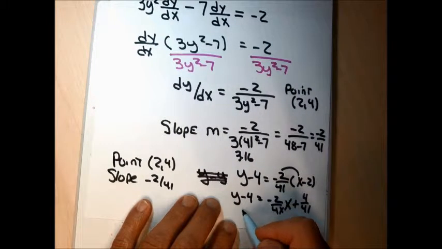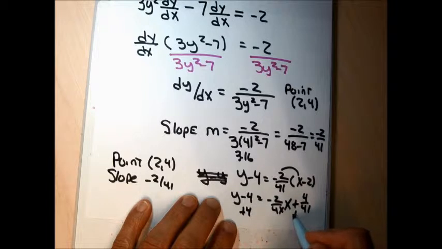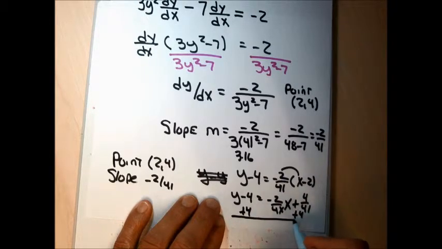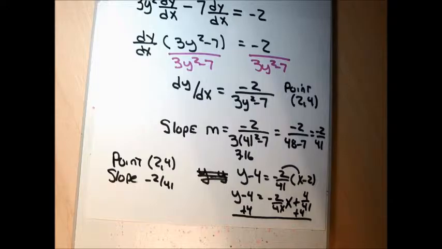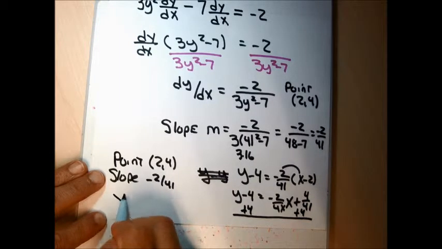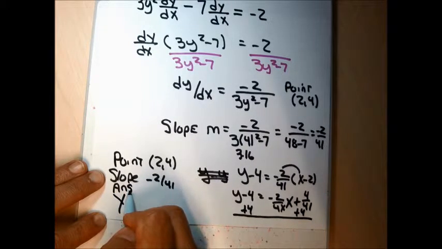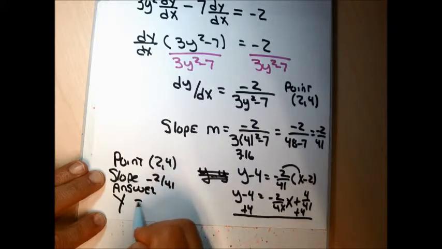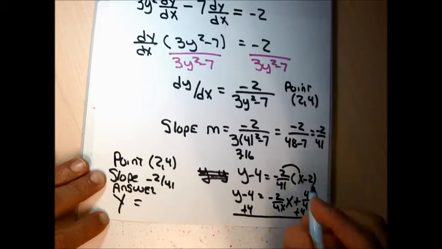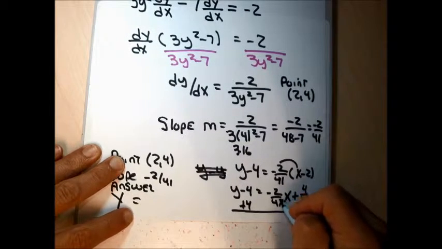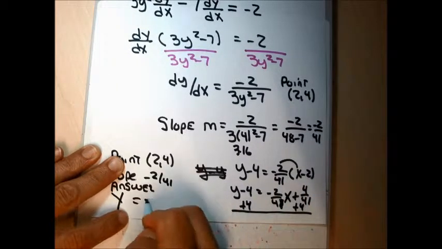And now to finish this up, I have to add 4 to both sides. On the left side, I'm going to get my y that I need to have. So on the left side, I'm going to have y. I'm also going to have this minus 2 over 41 x.